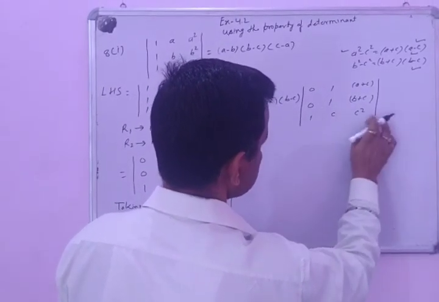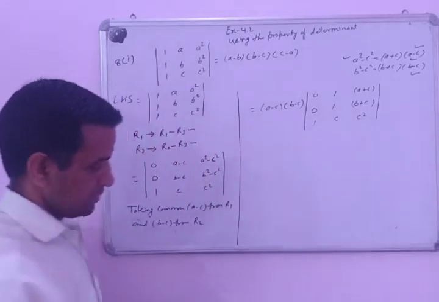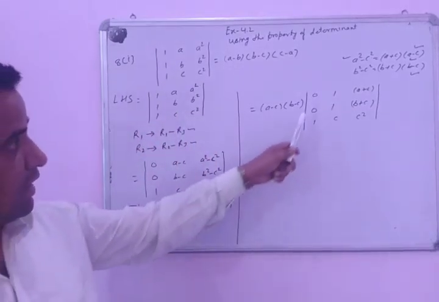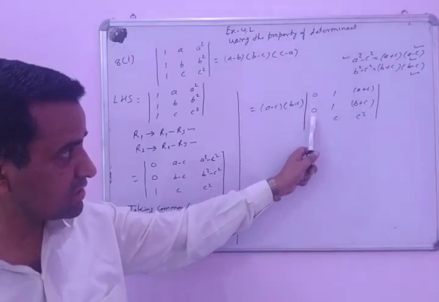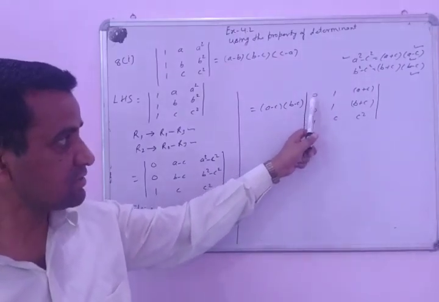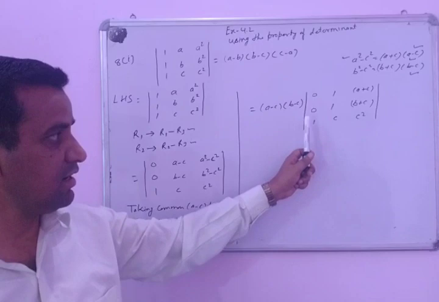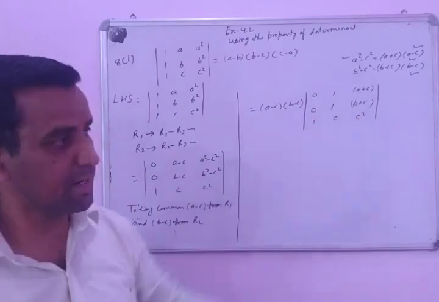This work is completed. Taking common is completed. Now I will expand along C1, because C1 has the maximum zeros, which makes it easier to find the value of the determinant.